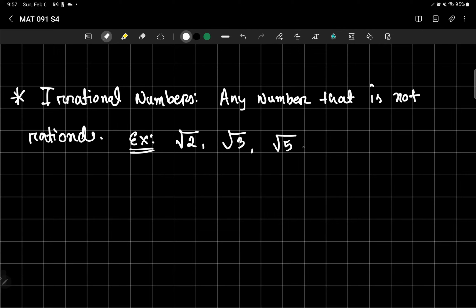Square root over 5, and so on. Then there are natural constants like pi. This is irrational. Then the exponent or e, this is also irrational, sometimes called the Euler constant. These are all examples of irrational numbers.